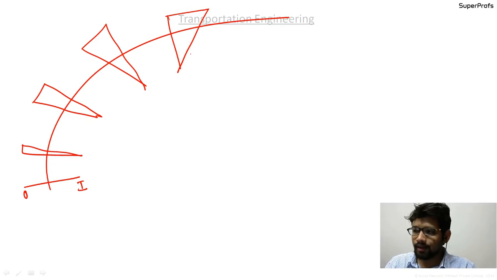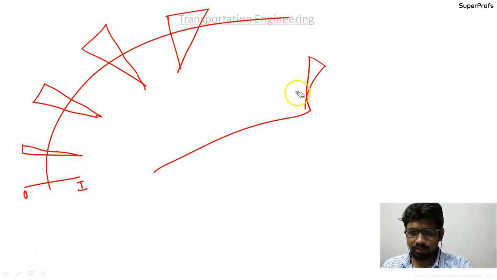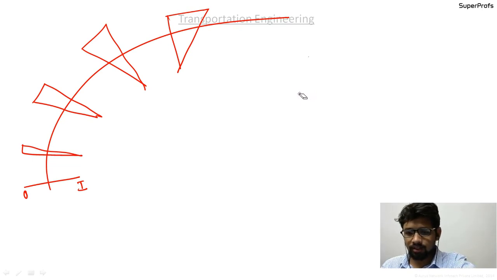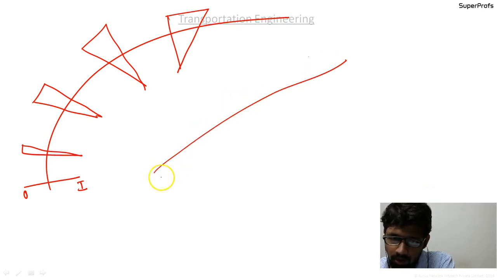Okay, and if I want to show it on a road, then in 3D it could be shown like this, but it is a bit difficult in 3 dimensions. I'll try to draw in 3D. Slowly this is increasing.